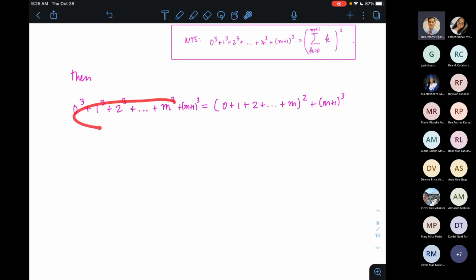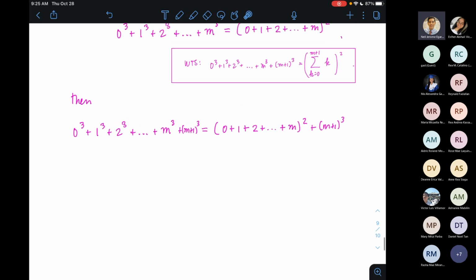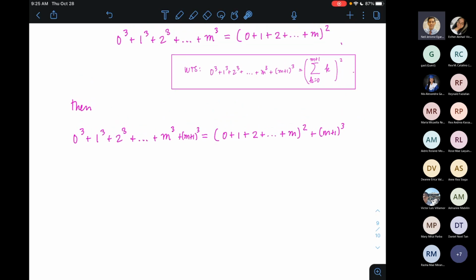Kasi ito ay kamukhang-kamukha na neto. Right? So, ang problema na lang natin is, how can I write this as sum ng 0 hanggang m plus 1 quantity squared? So yun yung magiging challenge natin dito, right? But medyo may trick na kailangan gamitin dito.